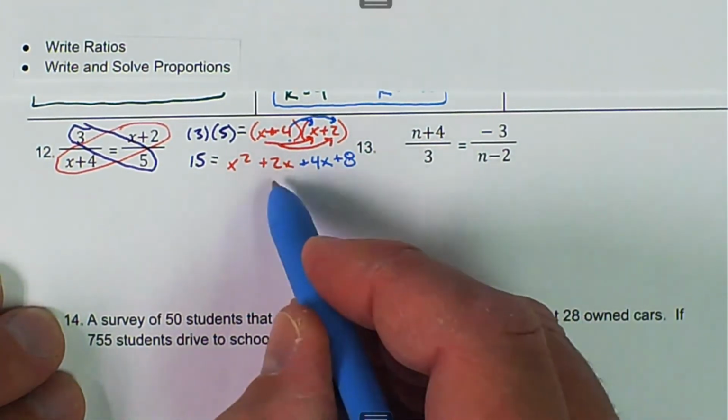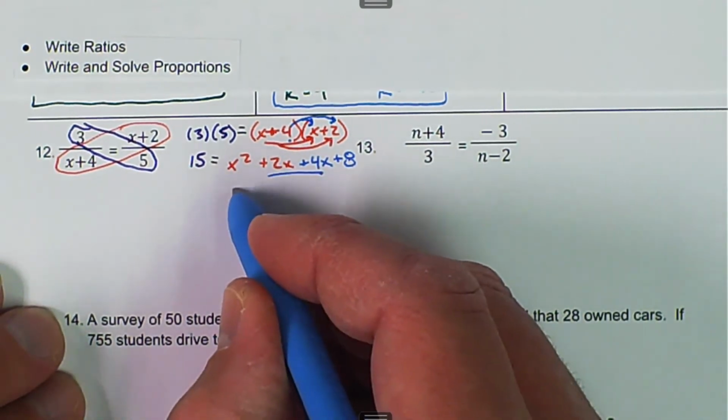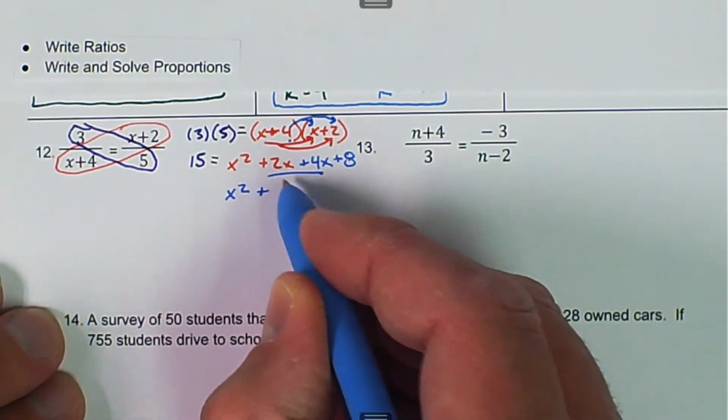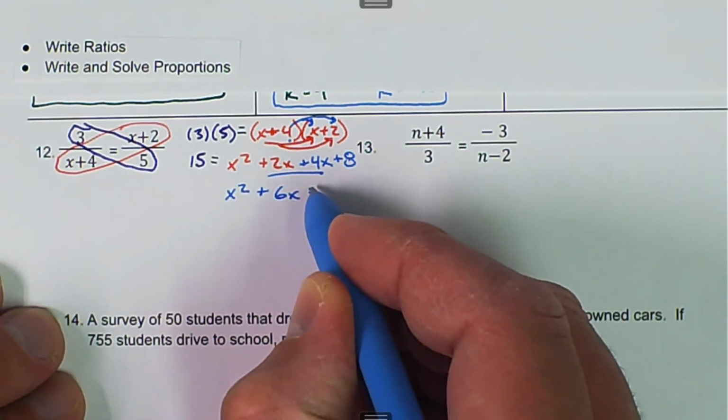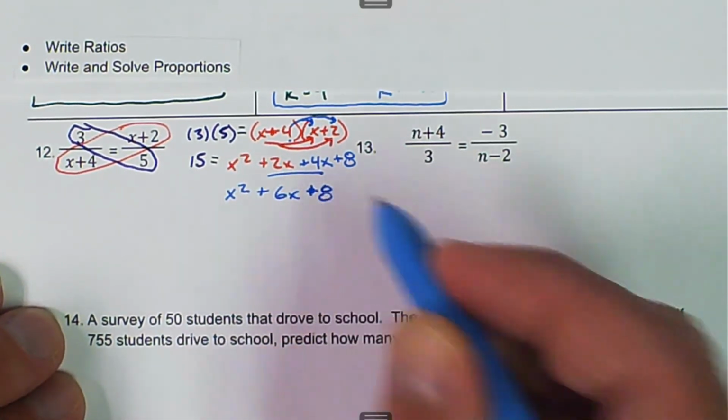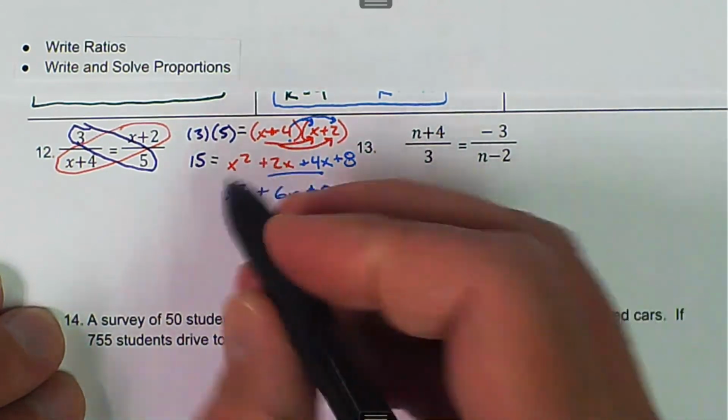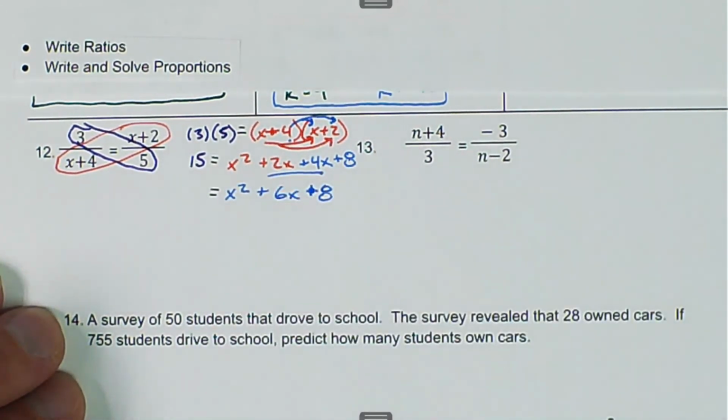We can combine some like terms here. So we have x squared plus 6x plus 8, and that is equal to 15.